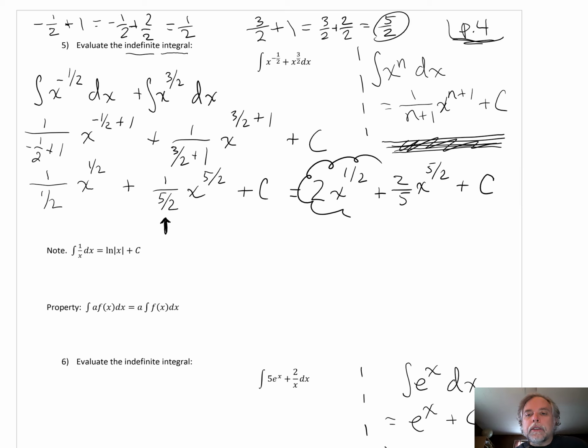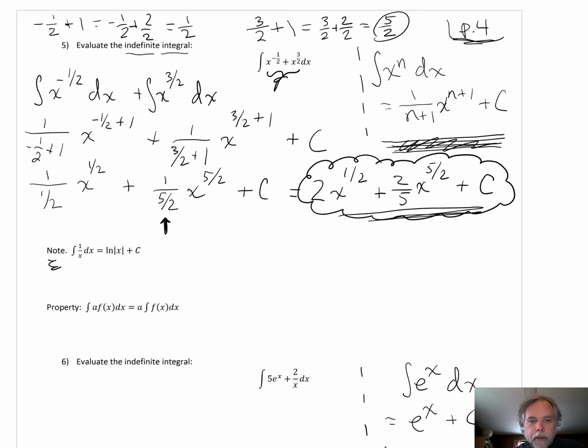And that's the answer. Antiderivative and indefinite integral problems are very easy to check, because if you take the derivative of what you think is the answer, you need to get back to the integrand in order for it to check. I'll leave that to you, but it's worthwhile.